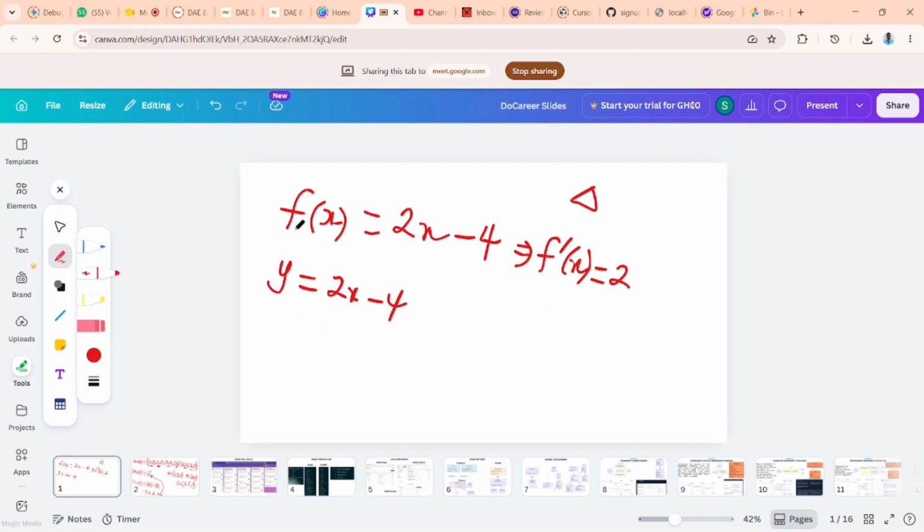So this is a differential. If it is f of x, it is f prime of x, but if it is the y form, it is y prime, right? Or you can just write dy over dx. All those notations mean the same thing. Remember, in this case it is a straight d.